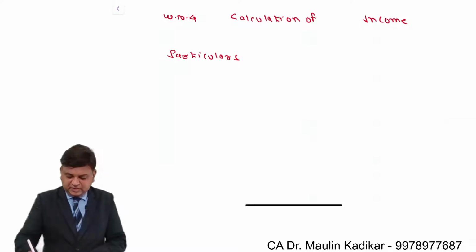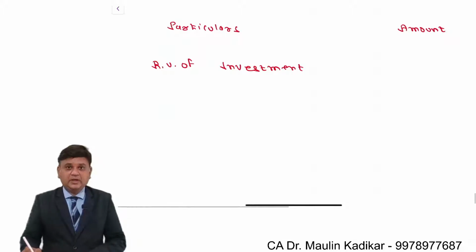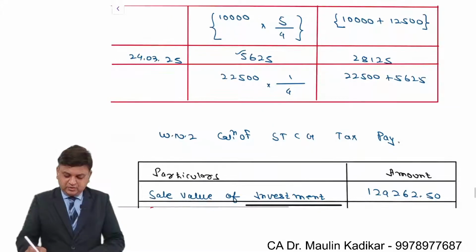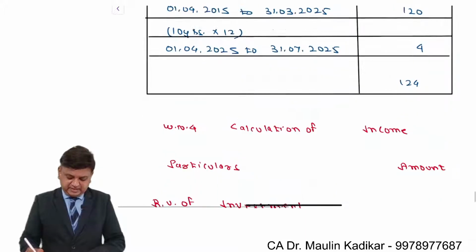Column number 2 is amount. In that we will write the redemption value of investment. What is the number of units that you redeemed? You can see it is 28,125. What is the redemption price? 22.98.